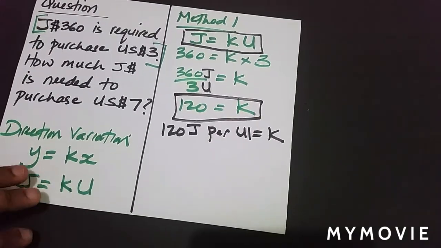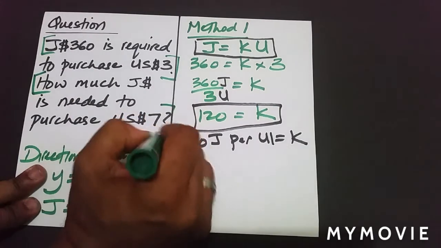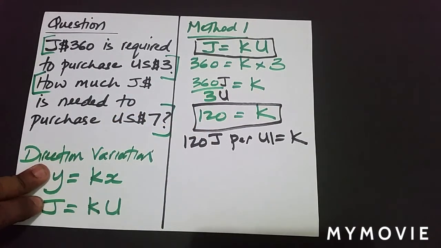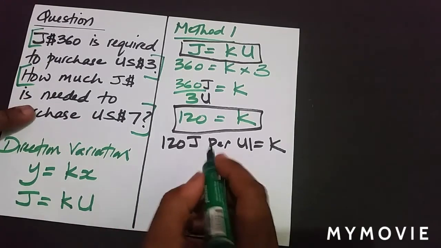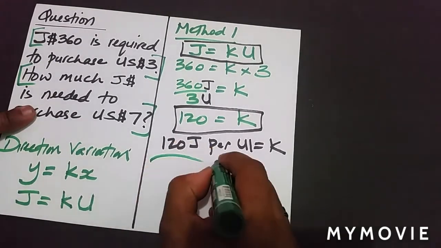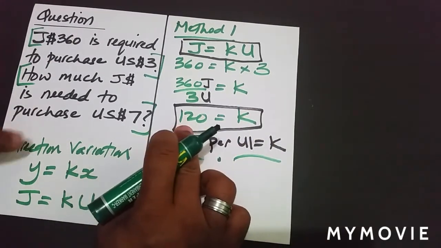All right, so let's proceed now. So now that we know what K is, we can go ahead and focus on answering this part of the question. Very, very straightforward. So let's look at it now. How much Jamaican is needed to purchase US $7? So again, we're going to write the formula. This part was all about finding what the value of K is, and we did.